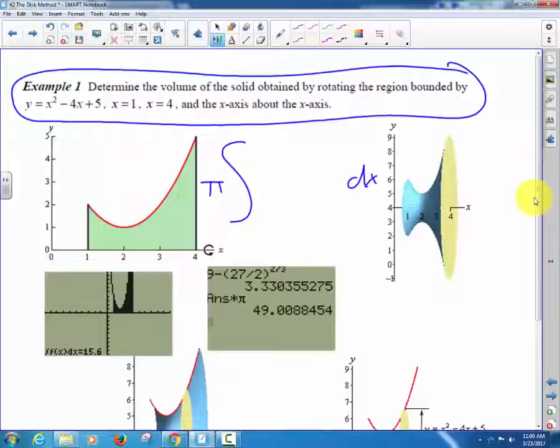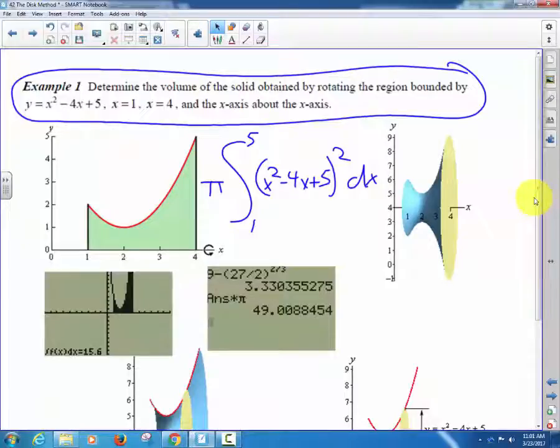What's going to be my radius? The formula, the x squared minus 4x plus 5. And what would be my limits of integration here? 1 to 4. Okay? Now, this becomes more challenging to integrate because I've got x squared minus 4x plus 5.